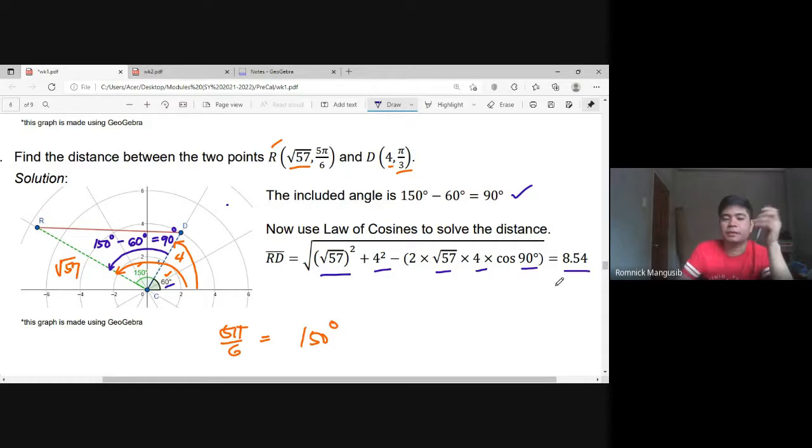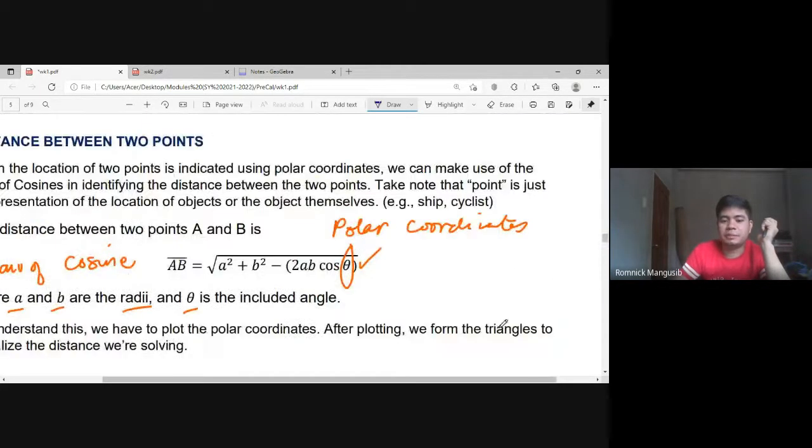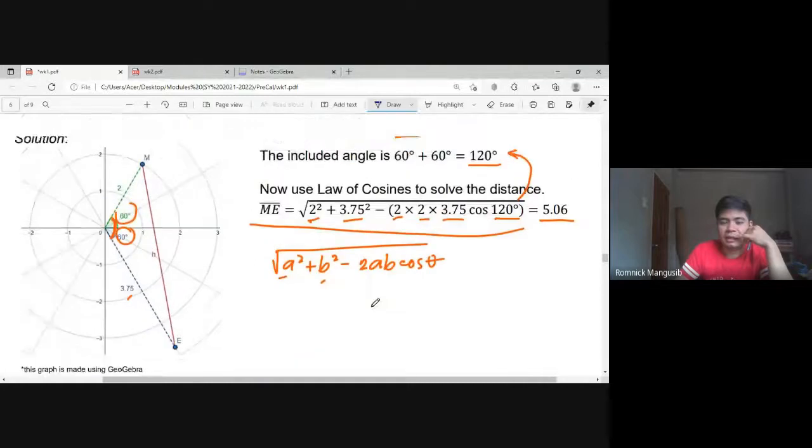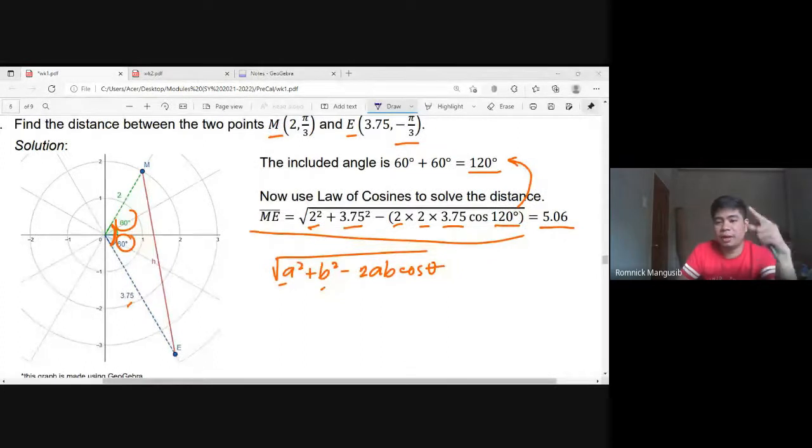Okay. So pag nagsosolve kayo ng ganito, you should always remember the formula, the polar coordinates formula, and then do not forget to illustrate, mag-drawing kayo. Kung sa tingin nyo, yun ang makakatulong sa inyo, you have to draw. Okay?